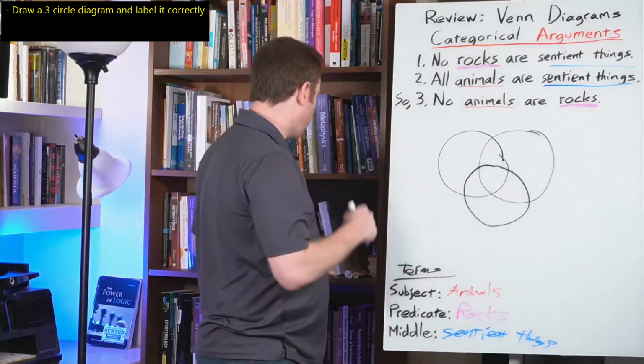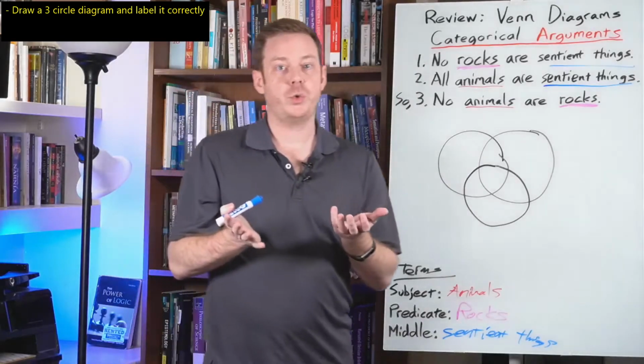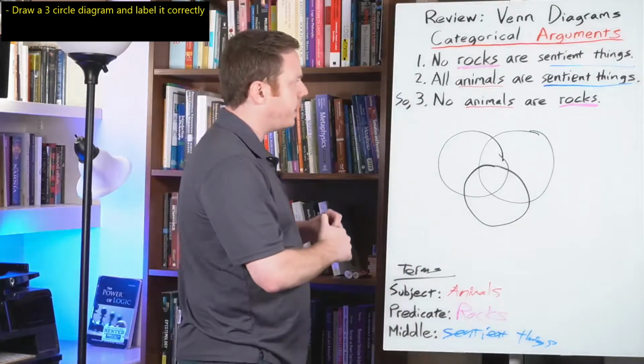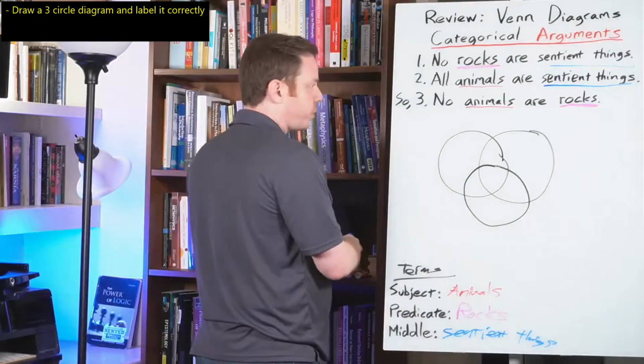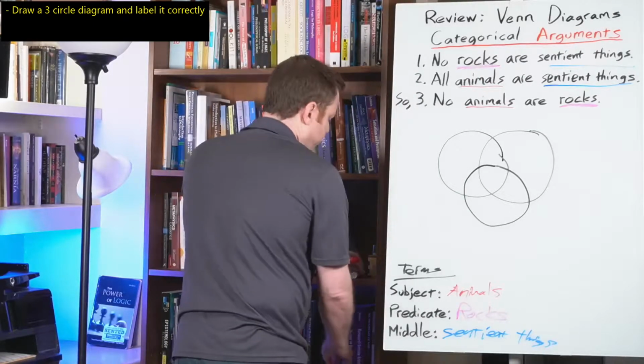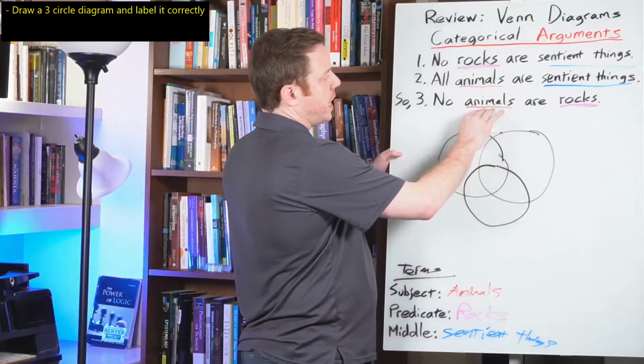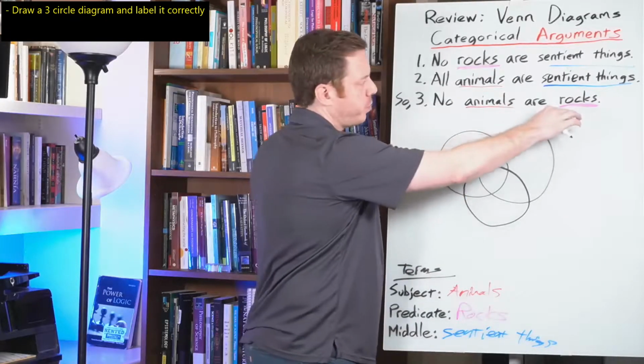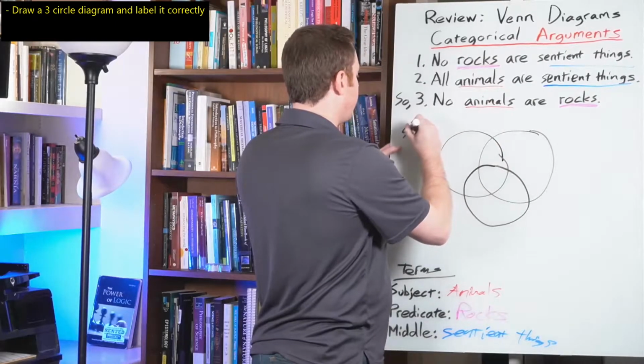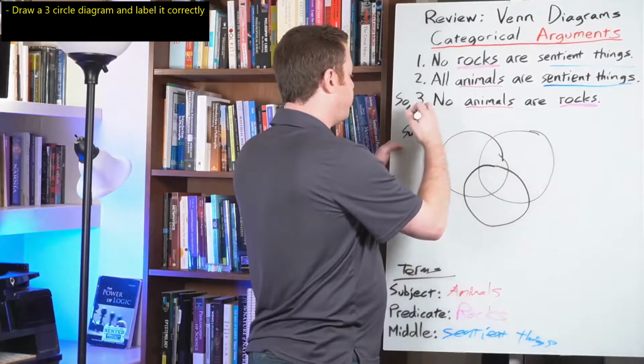Now to label our circles, we want to always label them the same way. Here's, I think, the best way to do it. Just as the subject occurs on the left and the predicate on the right, just keep that orientation for the top two circles.